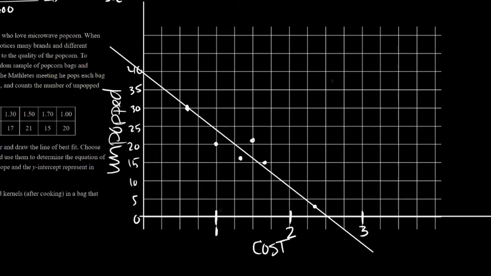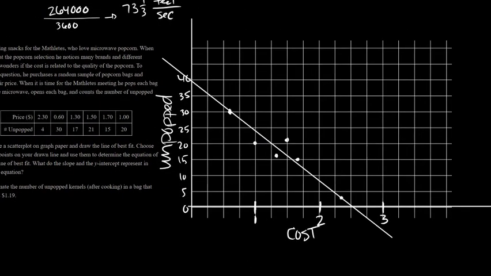So now that I've got 2 points, I need to remind myself what these were. One of them was a bag that cost $2.30. That's this one. So this was $2.30, and it had only 4 unpopped kernels. And the other bag was cheap. This was the 60 cents one.